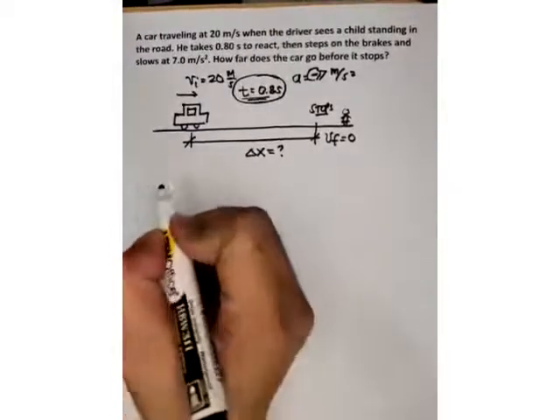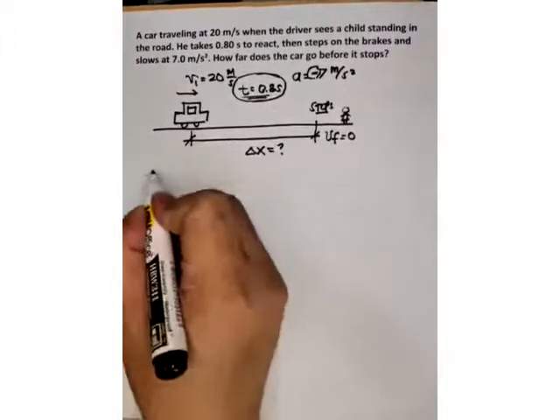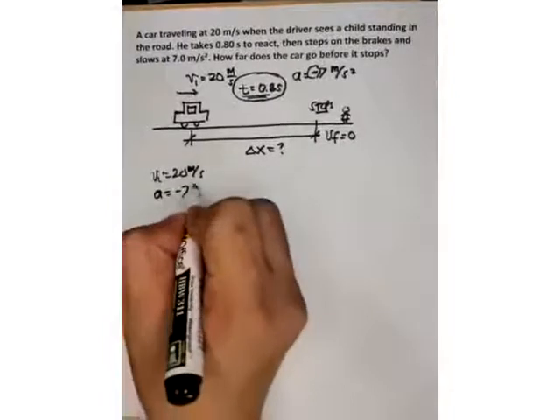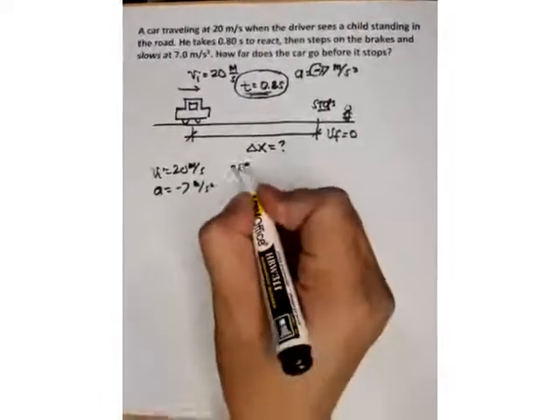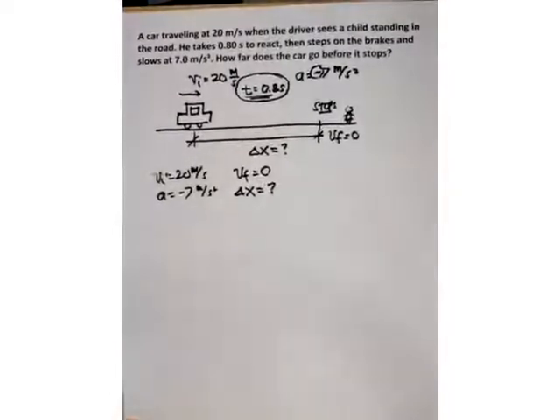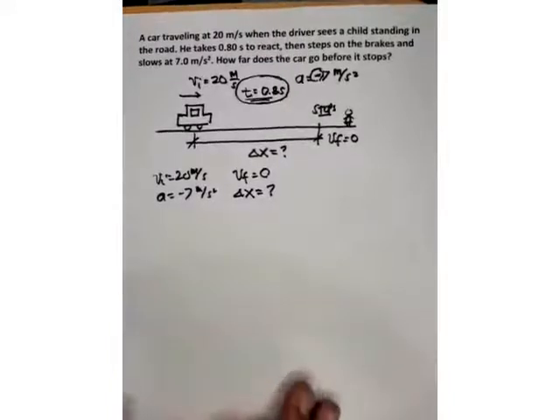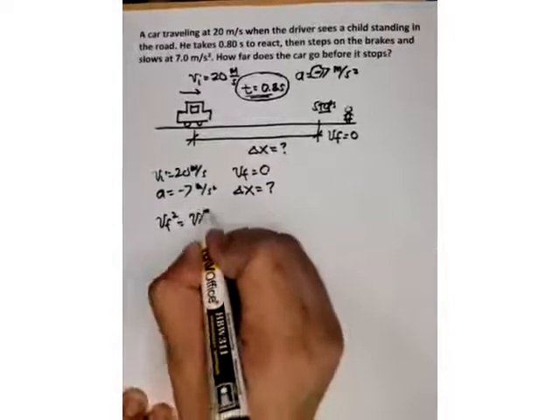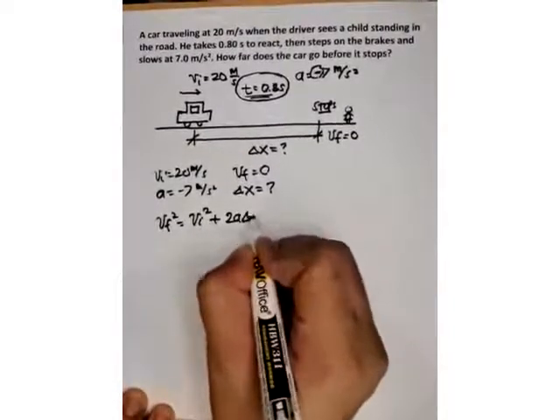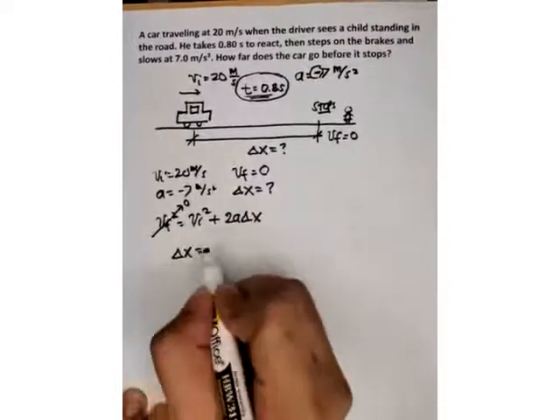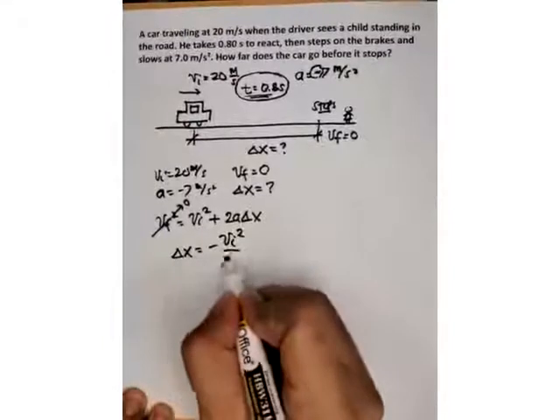So let's list the given. So we have the initial velocity at 20, the acceleration at -7, v final is at 0, and delta x is the unknown. So which formula are we going to use? Okay, so I think the fourth one, na yung v final squared is v initial squared plus 2a delta x. So v final is 0. So x is equal to negative vi squared over 2a.